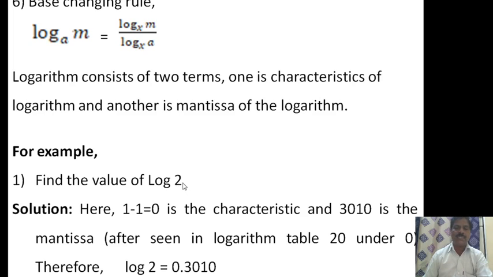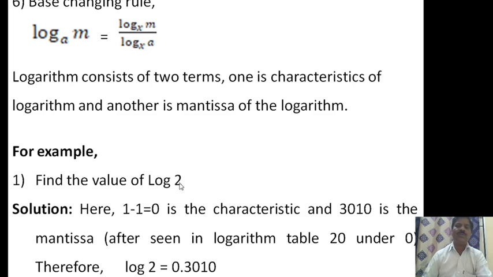Then after taking the characteristic, 0 here, you have to put the decimal point compulsorily. Then it is only one number, no?